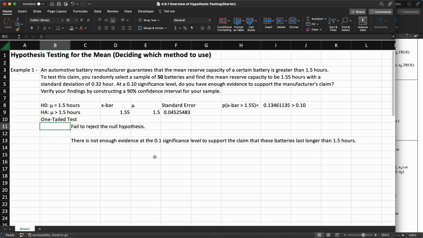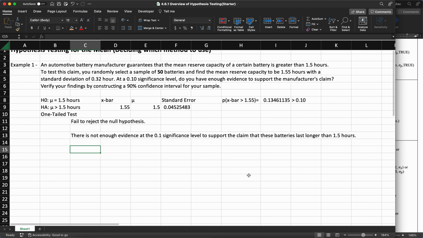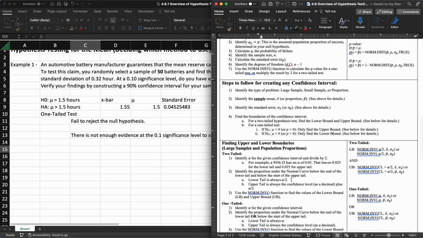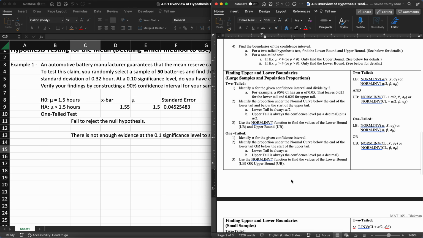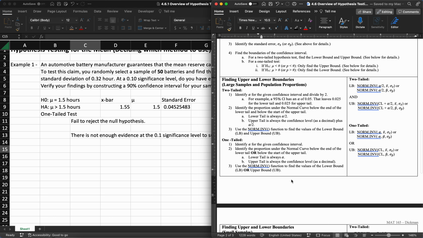We only care about the lower bound. So that means all 10% that's left over in our confidence interval is going to be the bottom 10% of our curve. And when we think about the normal curve, this spells that out right here.